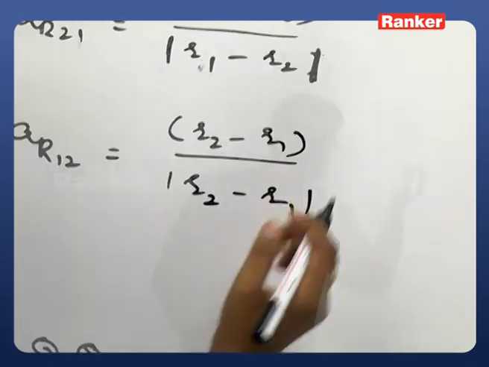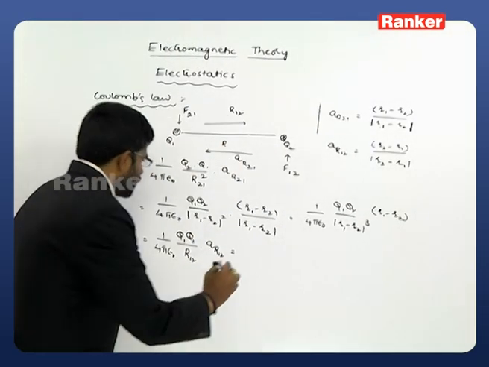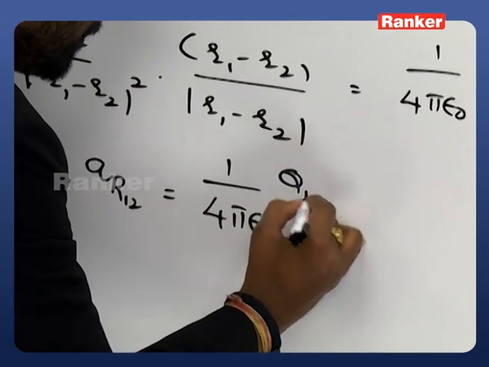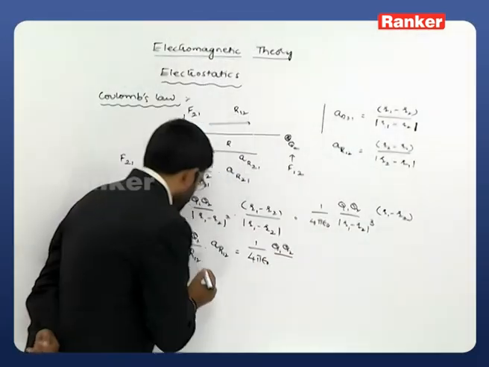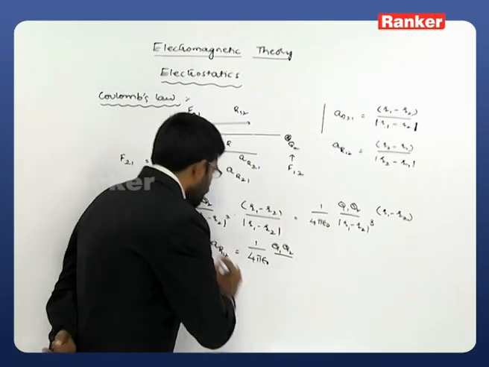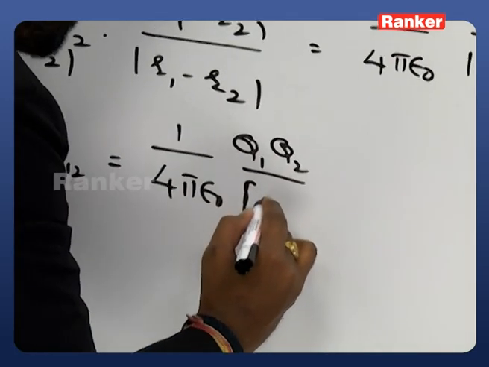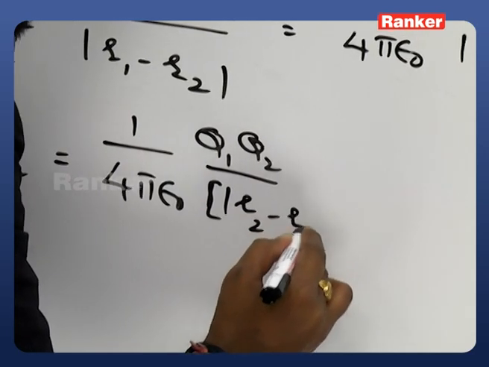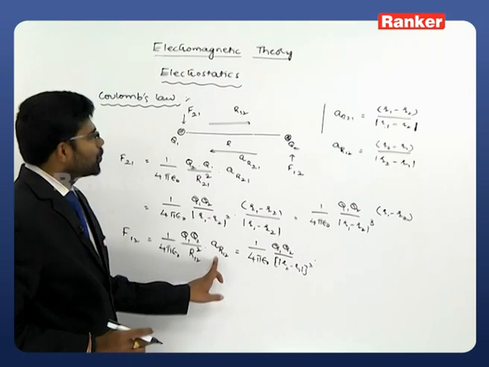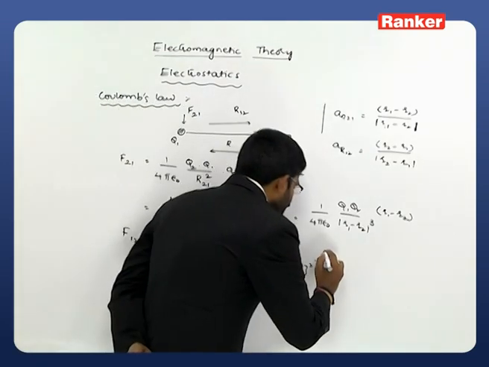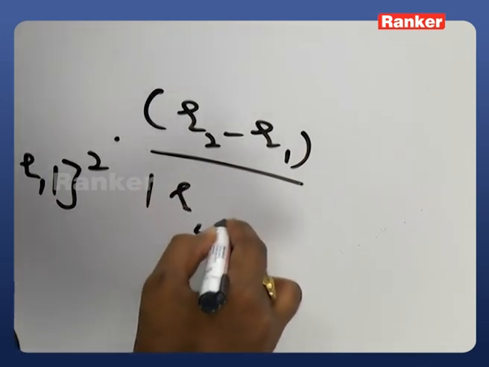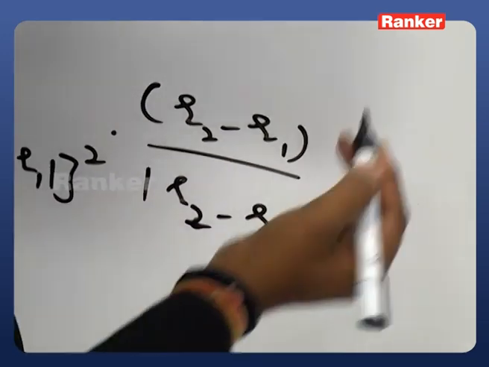Here it is, magnitude. Now replace here, then what it becomes: 1 by 4 pi epsilon naught q1 q2 by, instead of this r12 square, I can write magnitude of r2 minus r1 square multiplied with its unit vector, that is (r2 minus r1) divided by magnitude of r2 minus r1.